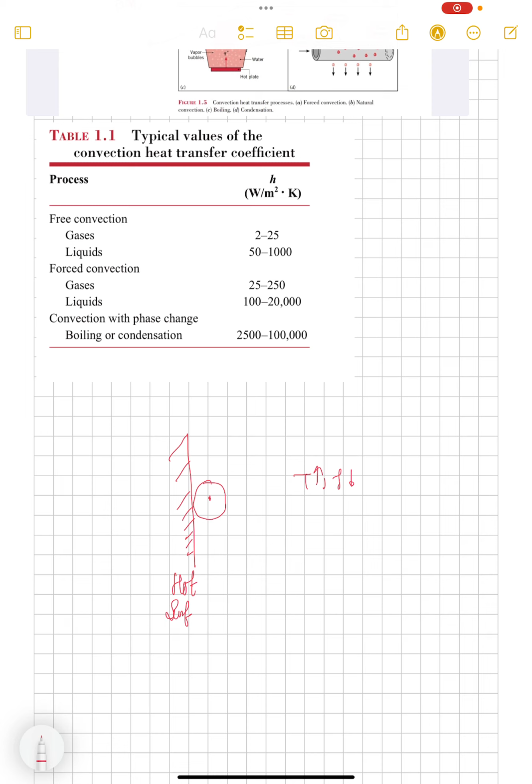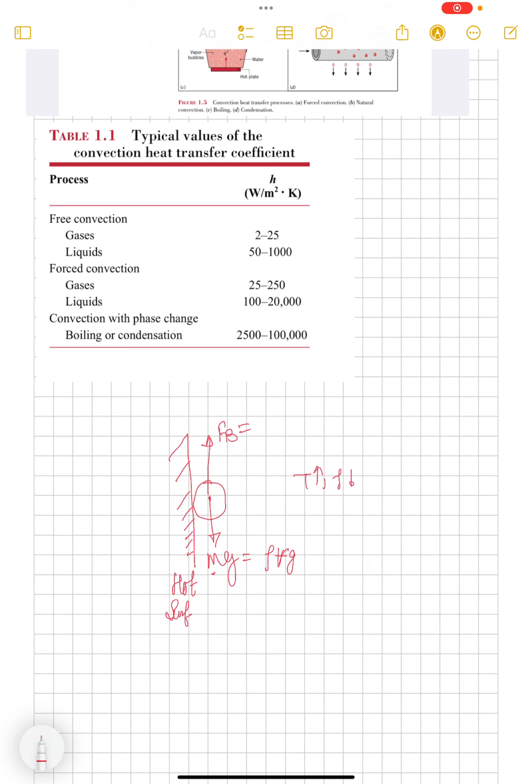It will become lighter, and the forces acting on it are mg downward and buoyancy force upward.